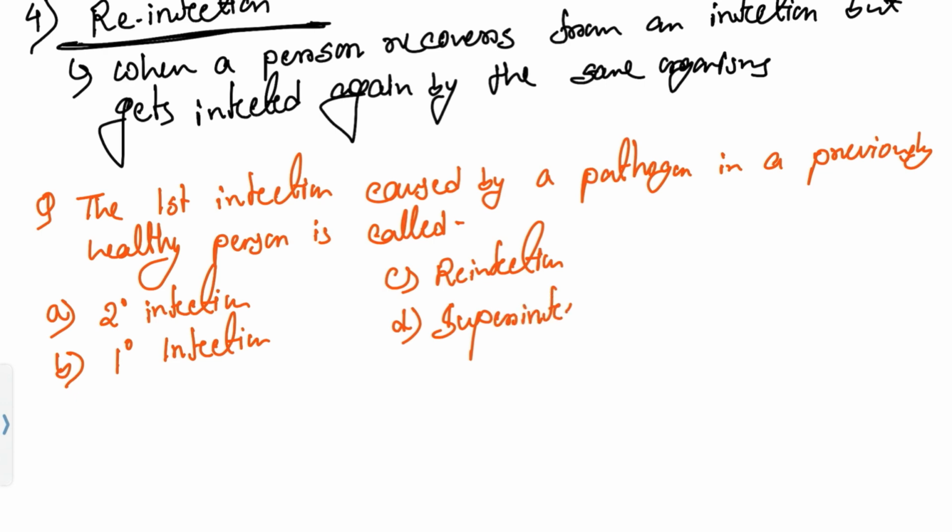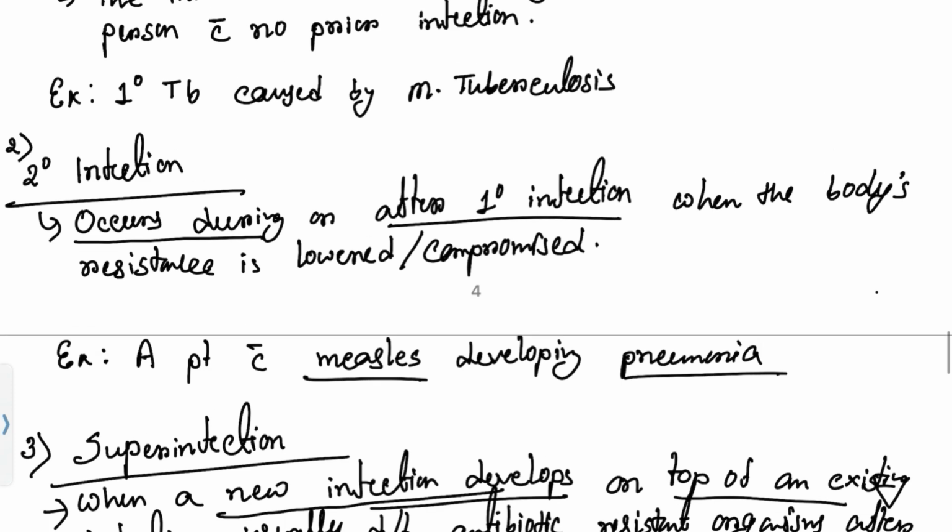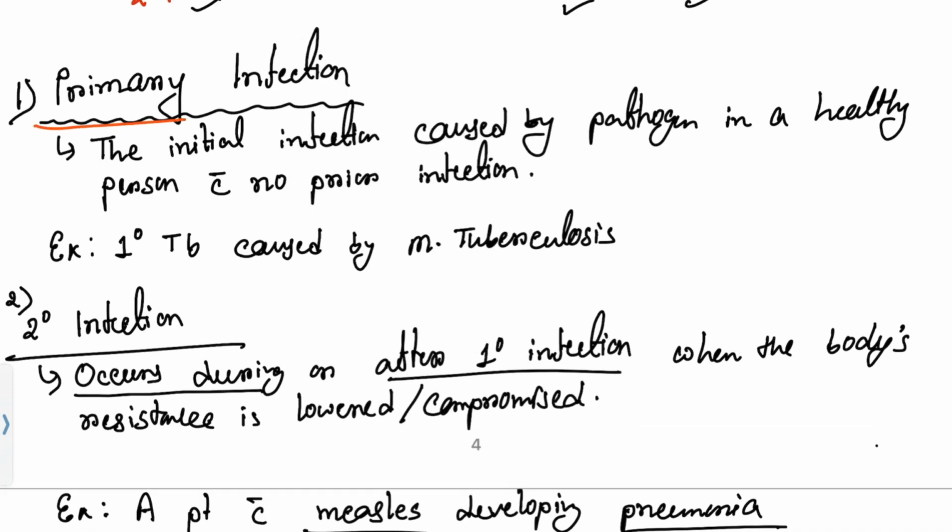So what will be the answer for this MCQ? According to me, if first infection caused by a pathogen in a previously healthy person, the answer should go with primary infection.